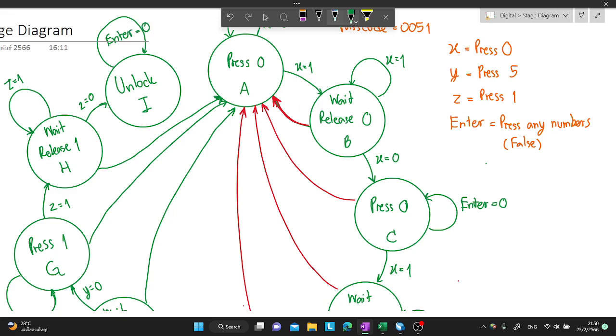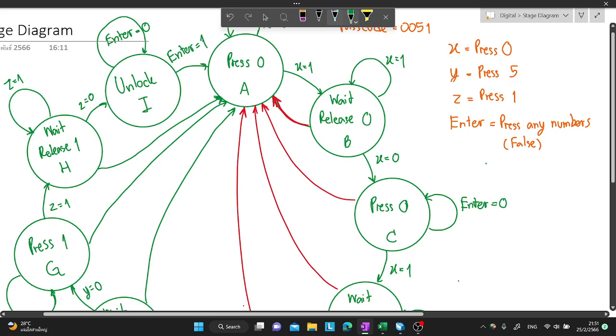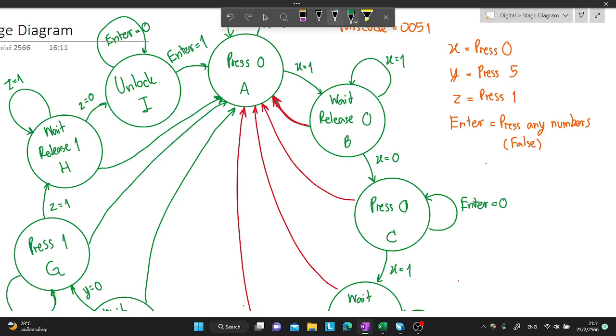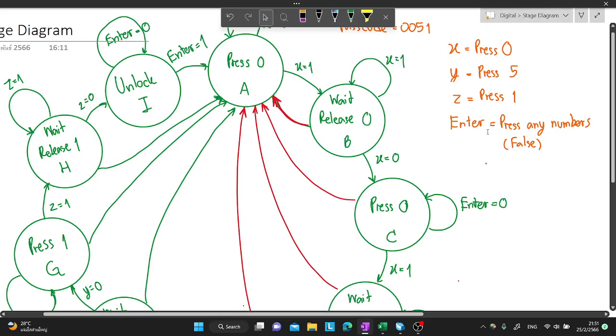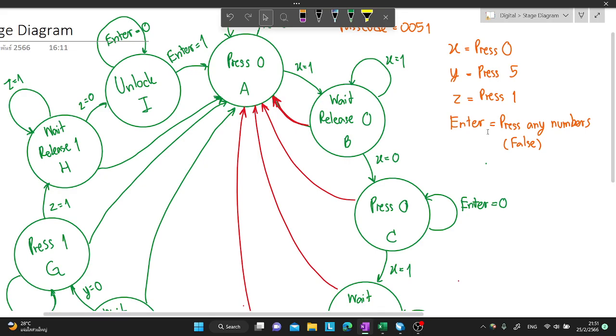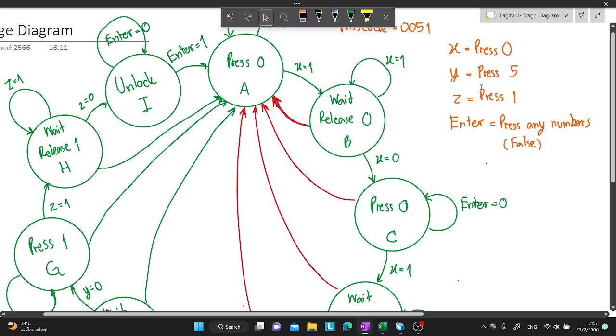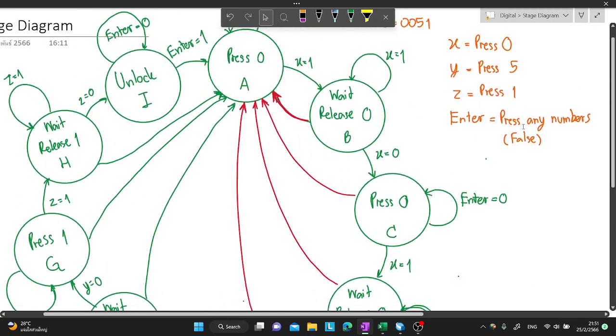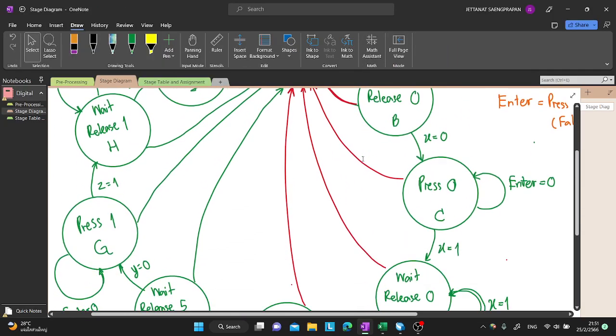But if I press enter, which is false, enter is press any numbers, that makes the stage go to reset again and go to state A again. So this is how a state diagram looks like.